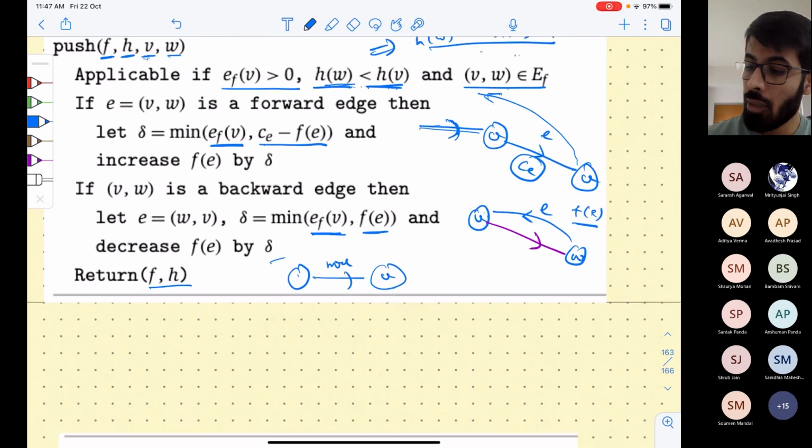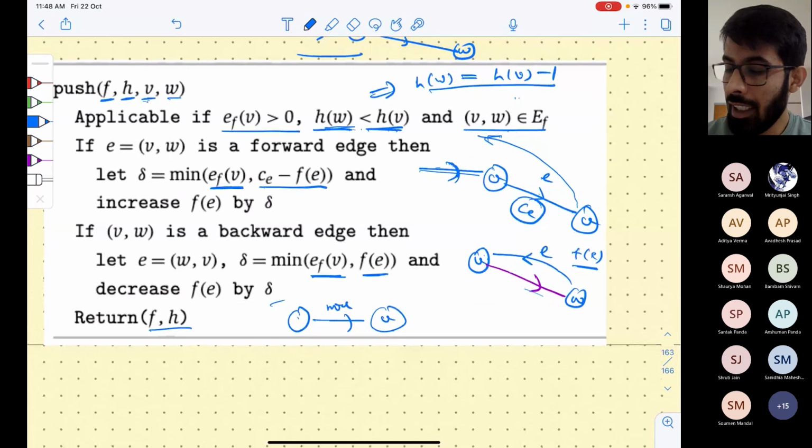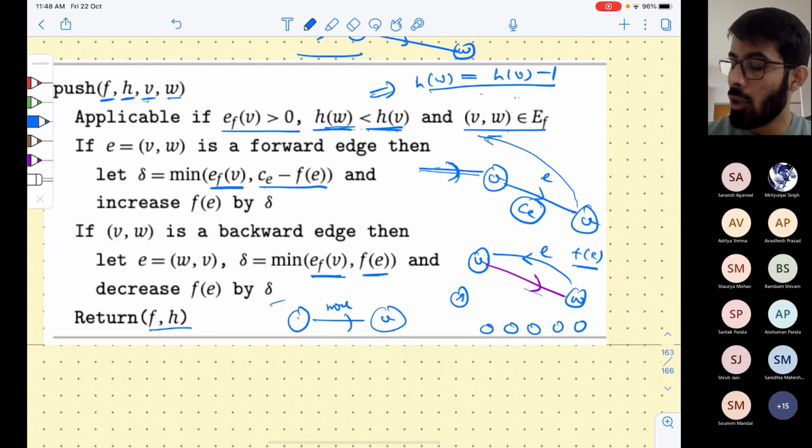This is fine, right? What is the push operation? Push operation is we look at a vertex V which has some excess and try to push as much of the excess as we can if there is an edge to a lower level, to some W at the lower level. But what if we can't find such a thing? Initially, S is above and everything else is at level 0.